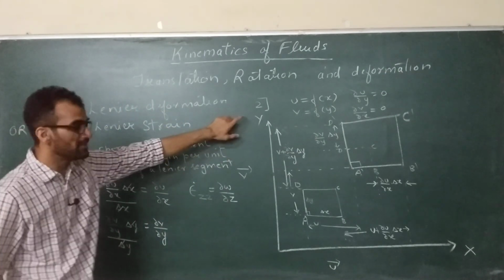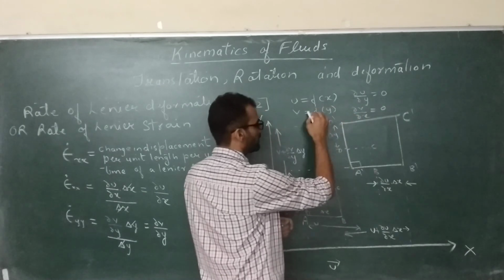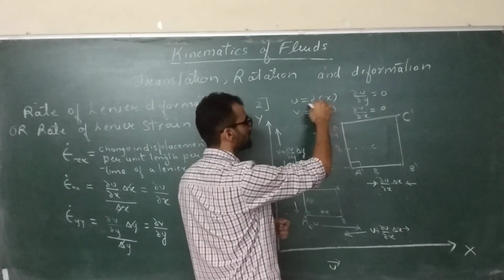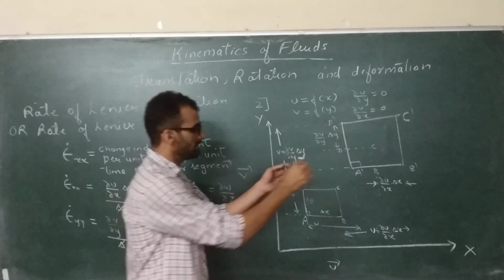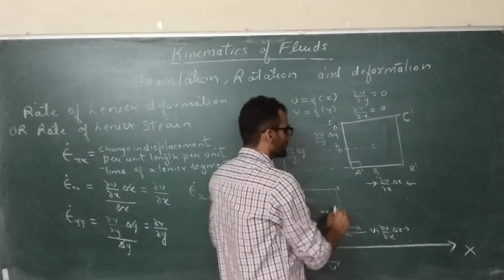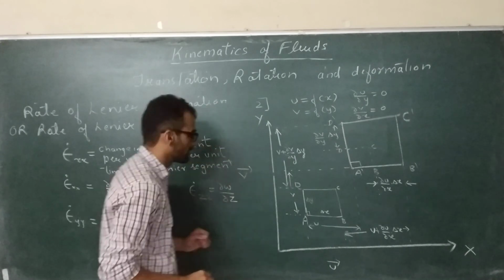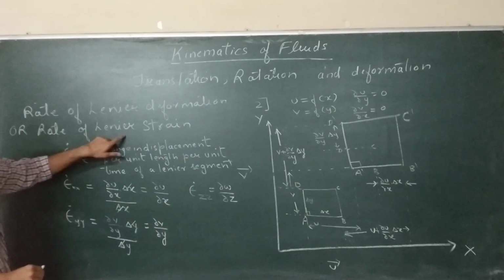What happened in this case: the fluid element translated, but because of the special conditions of the velocity components, only linear deformation took place. Included angle did not change, it was still mutually perpendicular.